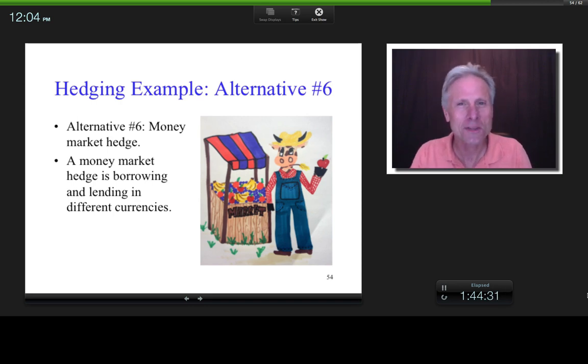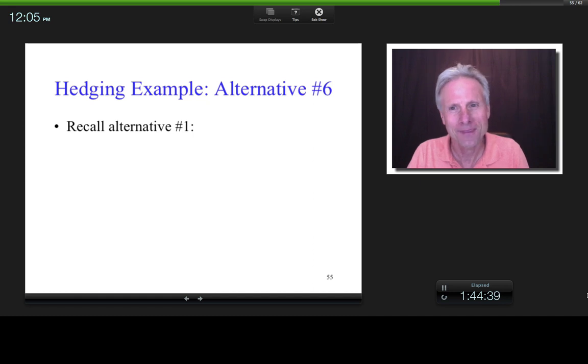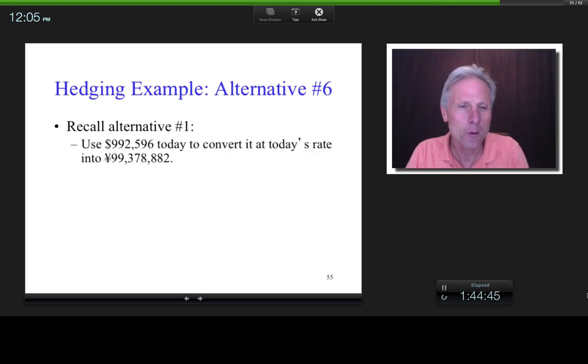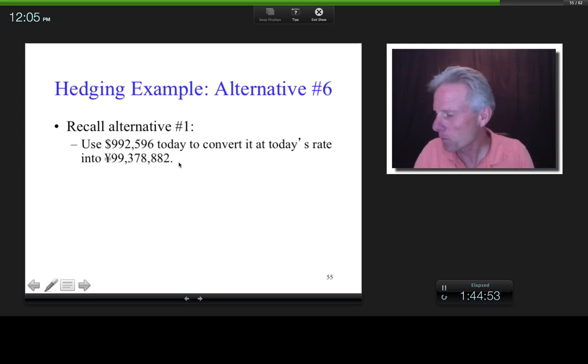So let's put this in the context of our example. And to do this, I'm going to go all the way back to alternative number 1. If you recall alternative number 1, what we had to do was come up with almost $1 million today, convert it at today's rate to get 99.4 million yen. And then what did we do with those yen?